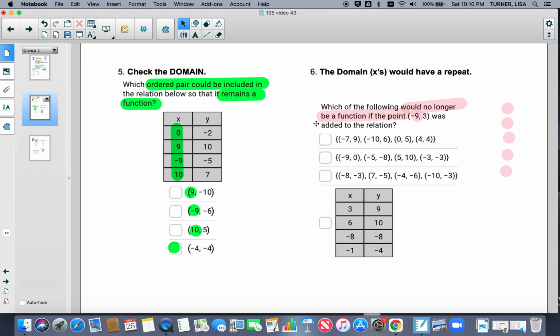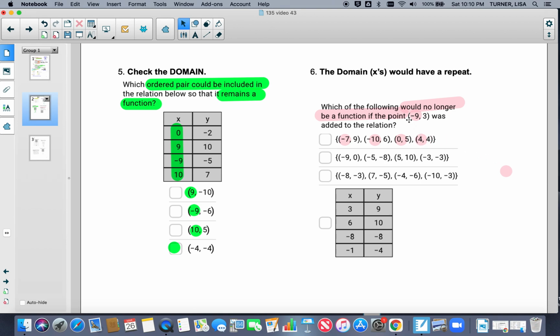And the last one is, which of the following would no longer be a function if the point -9, 3 was added? And so again, I am going to look at each example and I'm going to look at the x's until I find an answer. So if I added this, would no longer repeat.